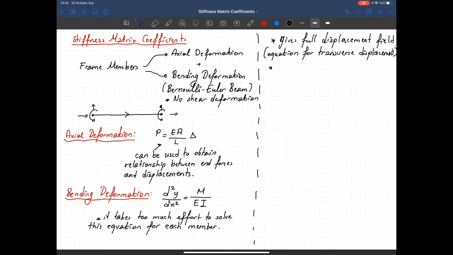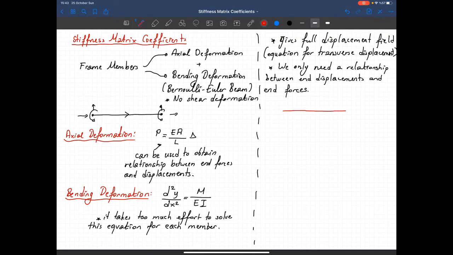Because in our stiffness method we only need a relationship between the end displacements and end forces. Okay, so in order to do that, what we did is we take a member and we say that, okay, this is the end moment, MAB, this is the other end moment, MBA.